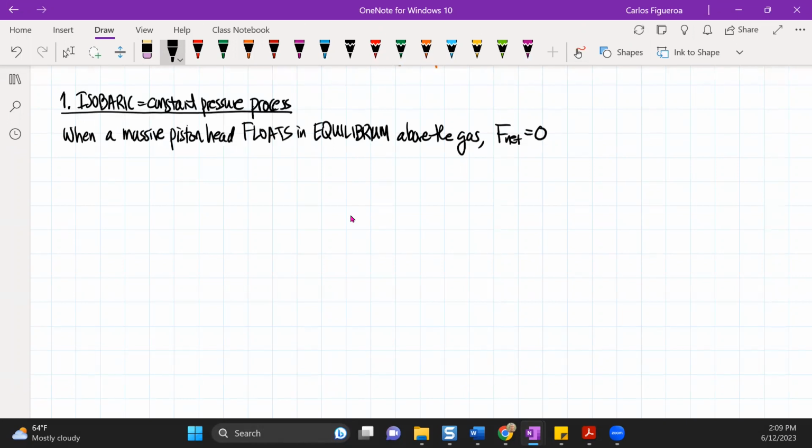Why is it 0? Because it's in equilibrium. Whether it's moving at constant velocity or is at rest, the net force is equal to 0.